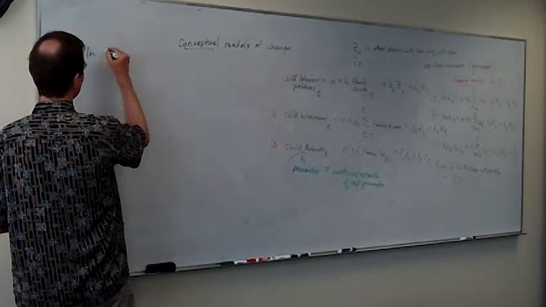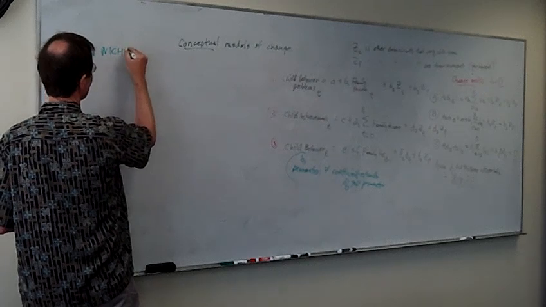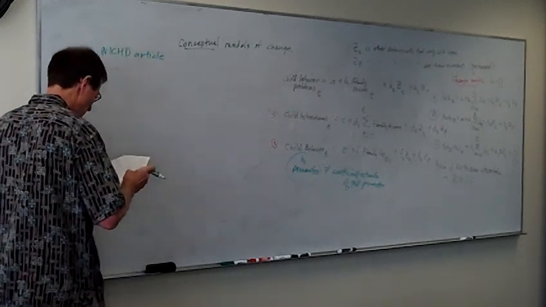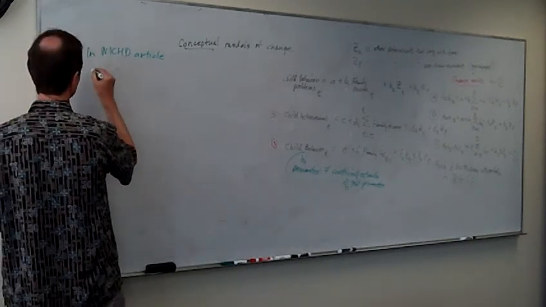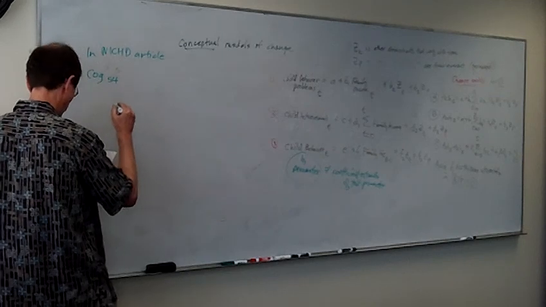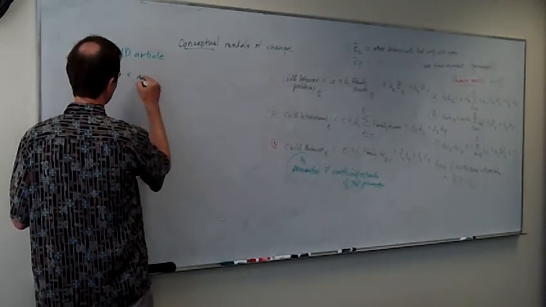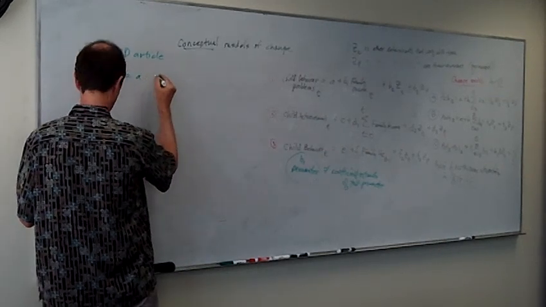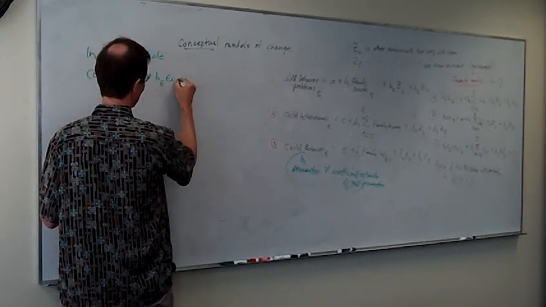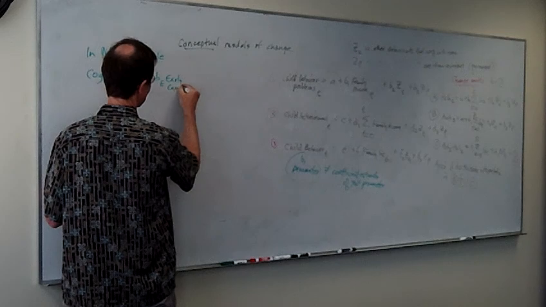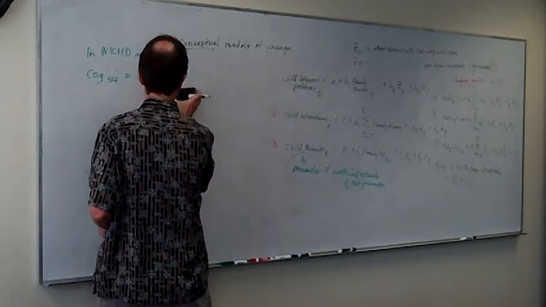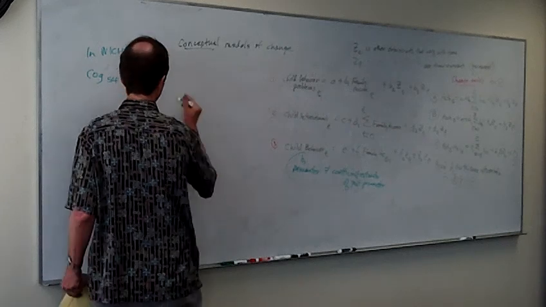So in the NICHD article, we have cognitive ability at 54 months is some function of early care quality. Let's just call that care sub E.